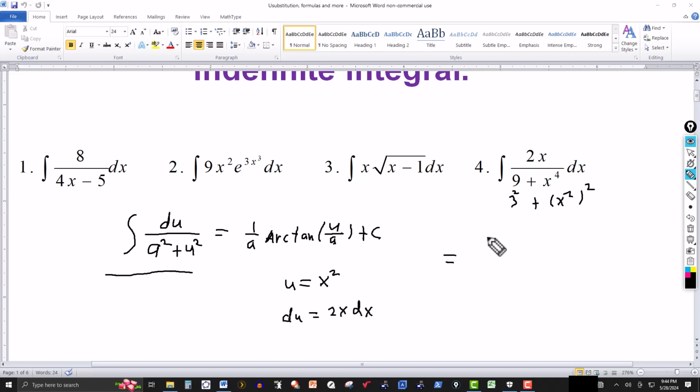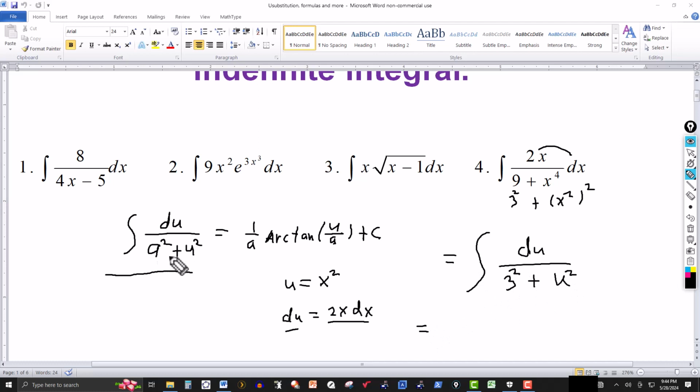So now let's look at this. Now I'm going to try to write this in terms of u. I want it to look like this formula over here. So notice the product 2x dx, which is in the numerator, is also equal to du. So this will be du. Denominator is okay because I'll leave the 3 squared as 3 squared. And then remember the x squared is u, so this will be u squared. Now we're in business.